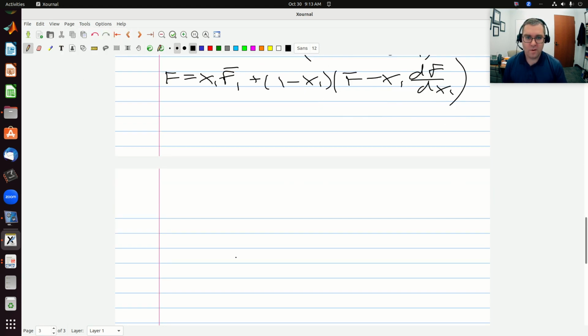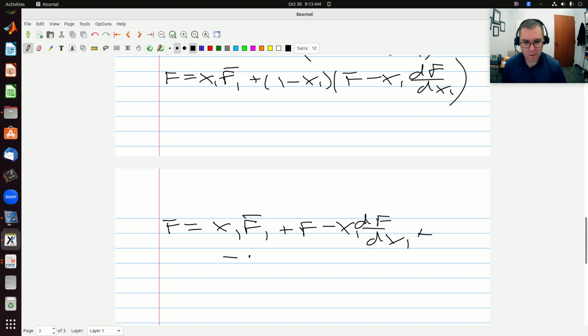Okay, so if I expand, I have f is equal to x1 f bar 1 plus f minus x1 df/dx1, plus, and then minus x1 f plus x1 squared df/dx1.